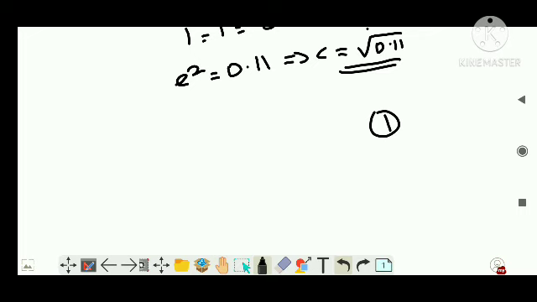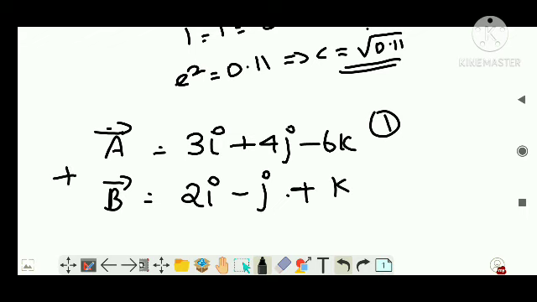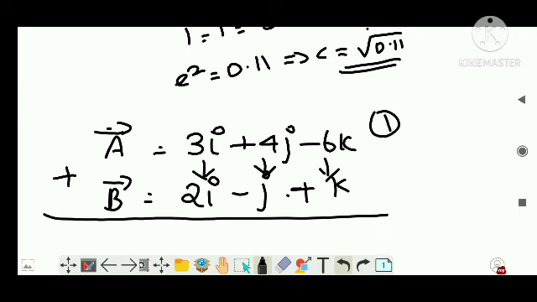Now I will tell you a small section which is actually dot product. First, suppose addition of vectors. If a vector is given as 3i plus 4j minus 6k, and b vector is given as 2i minus j plus k, and you are asked to add, it is very easy. You just add the i components, j components, and k components.